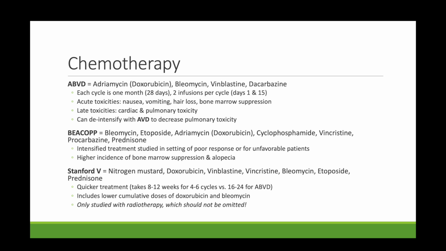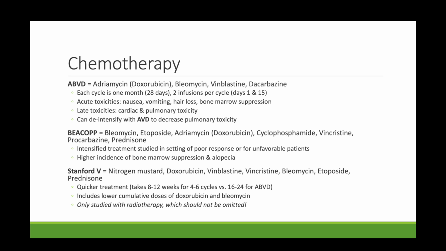So remember back when we talked about the workup, we said that these patients should be getting an echocardiogram or a MUGA scan for their cardiac function, as well as PFTs and a DLCO. That is because we know that they're going to need ABVD, which causes long-term cardiac and pulmonary toxicity. So we need to establish a baseline.